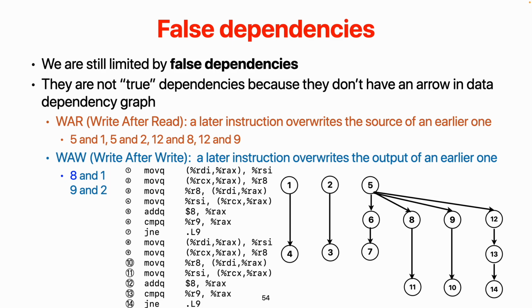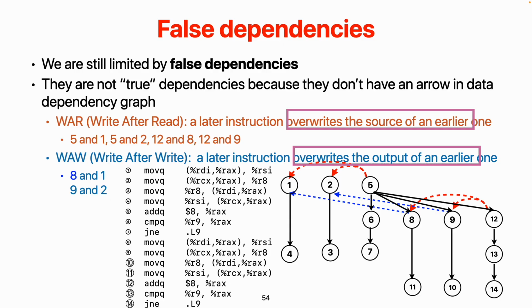So if you hear the sentence here, all the problem comes from the fact that a later instruction overrides the input or output of an earlier instruction.